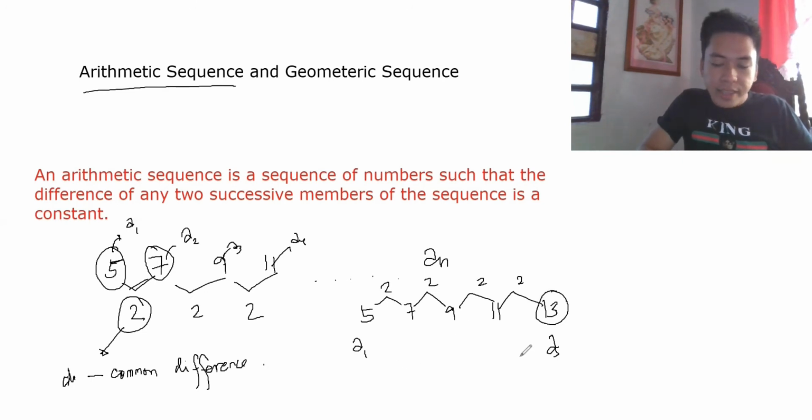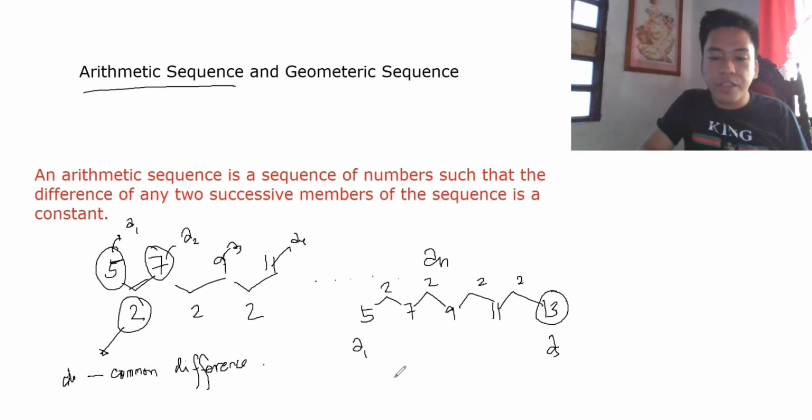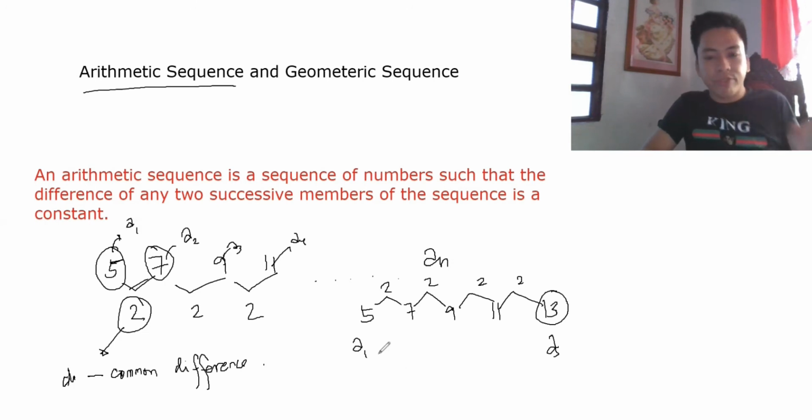So in order to get the 5th term, you have to add 4 D's to the first term. Technically, that 4 is equivalent to 5 minus 1, where the 5 is the n, because we're talking about the nth term, the 5th term.